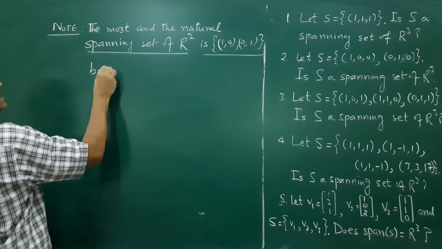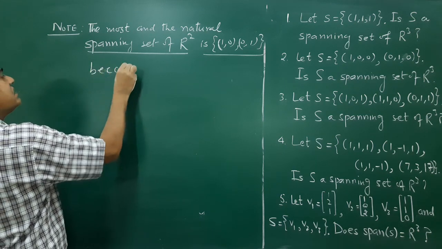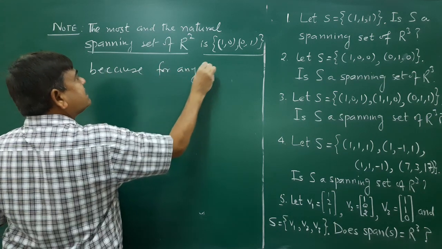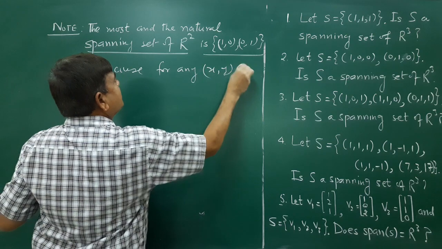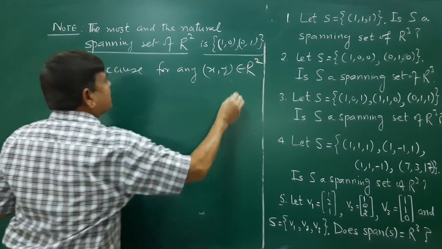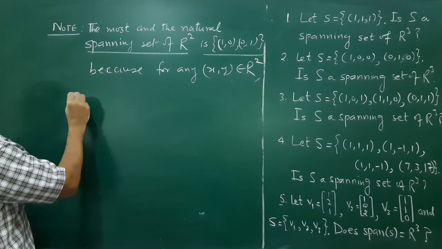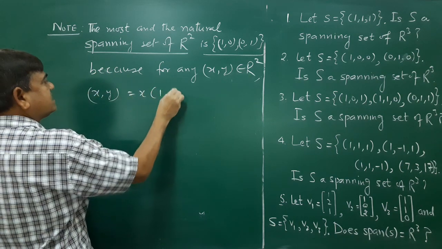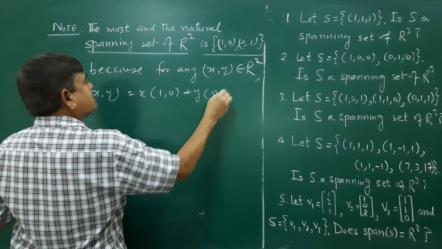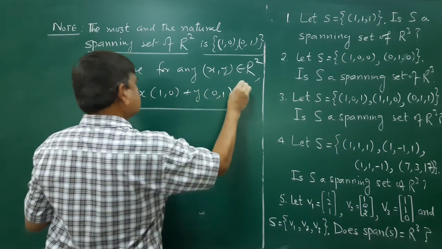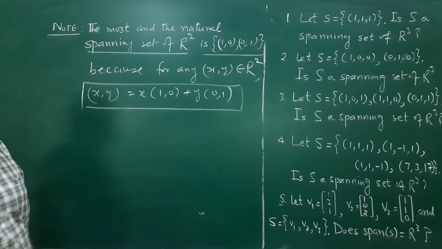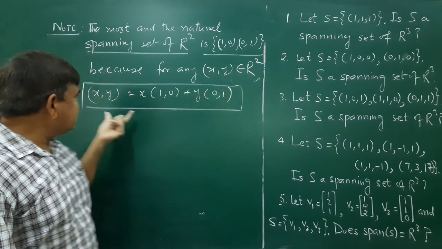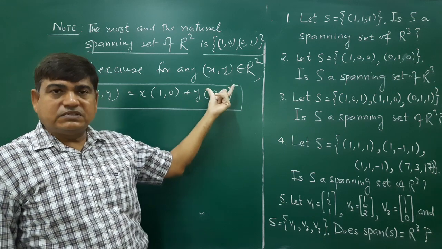Because for any x comma y belongs to R square, you can consider any member of R square written in this particular form.